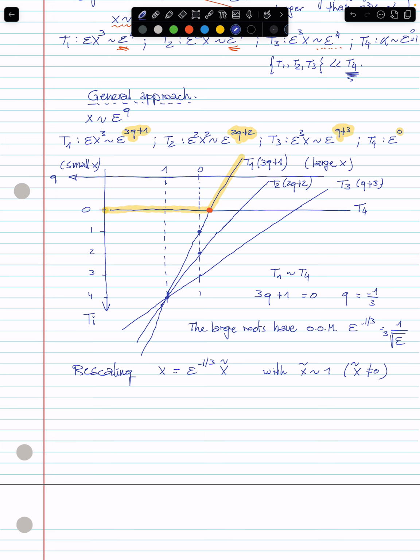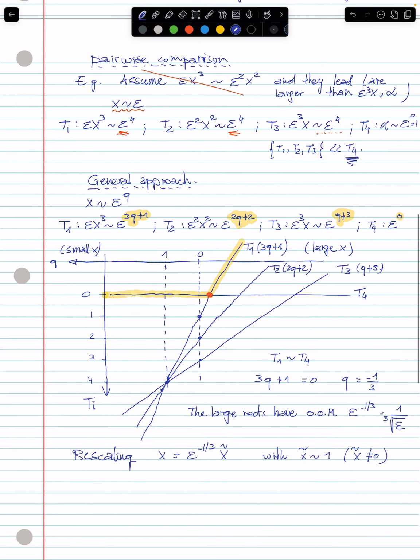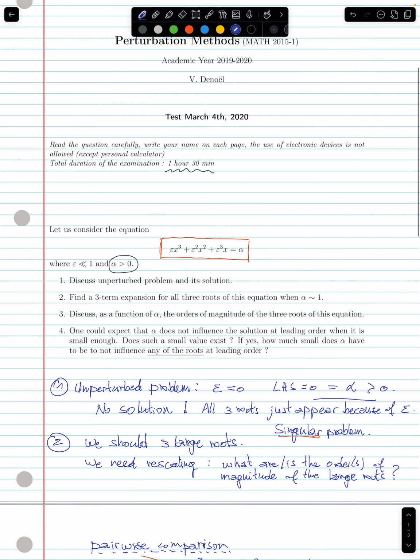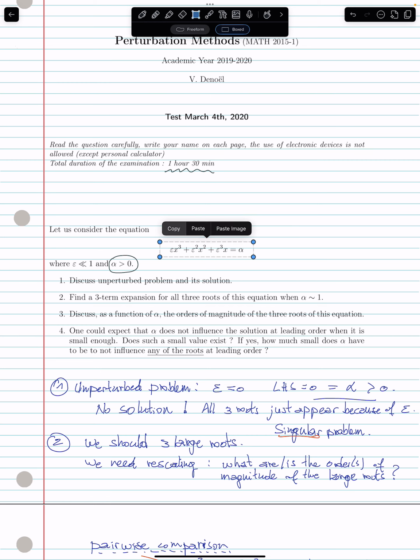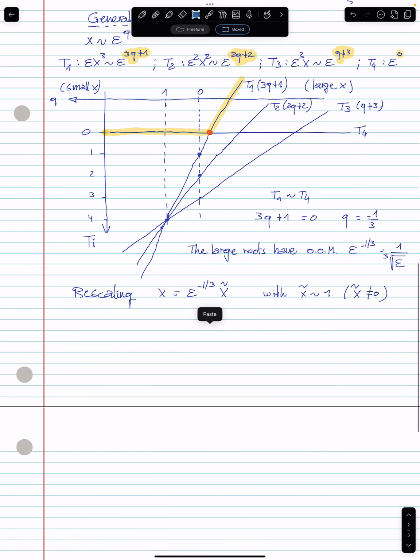All right, what we need to do now is to substitute this in the governing equation. And so the governing equation, let me just copy it so that we can keep it with us. Okay, we need to substitute this in the governing equation.